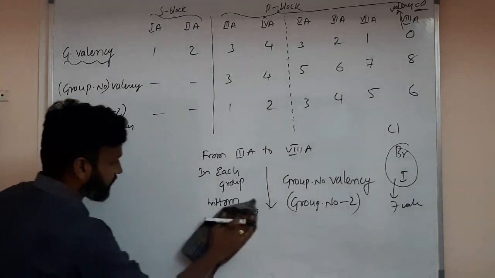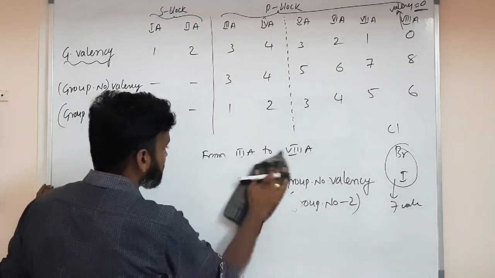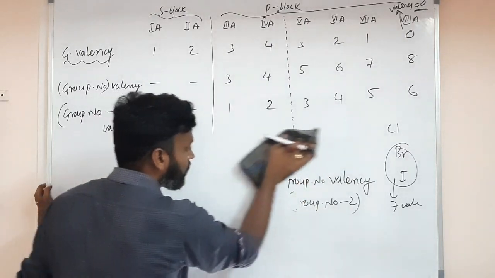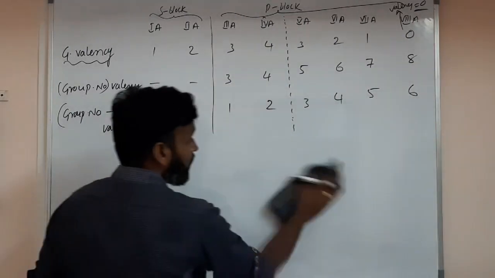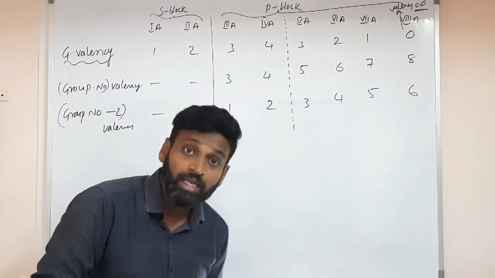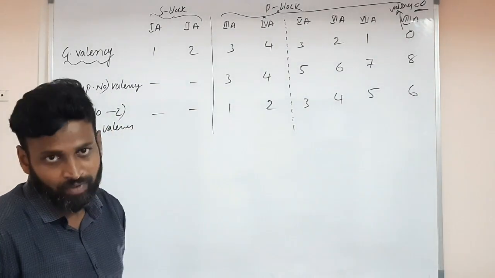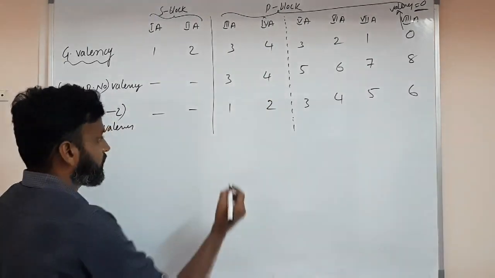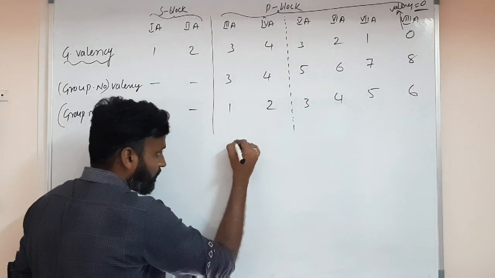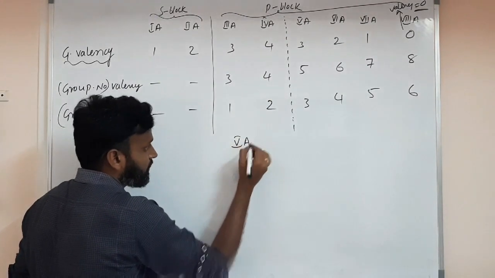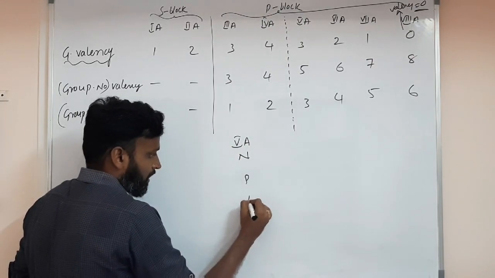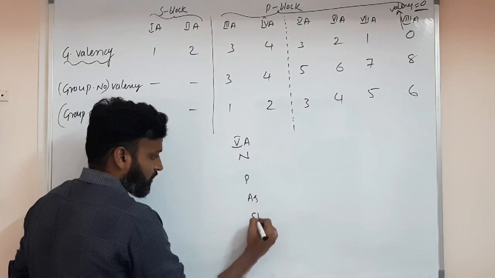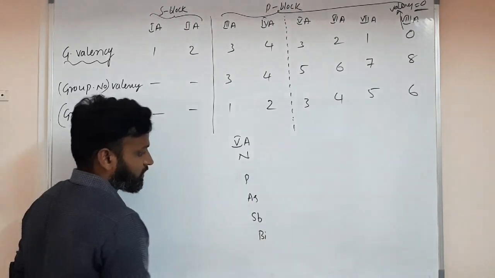So very important, please note it down. As going down, there are two more valencies. What are those? Group number valency and group number minus 2 valency. I repeat, I will give it very clearly. Suppose 5A group elements: nitrogen, phosphorus, arsenic, antimony (stibium) and bismuth.